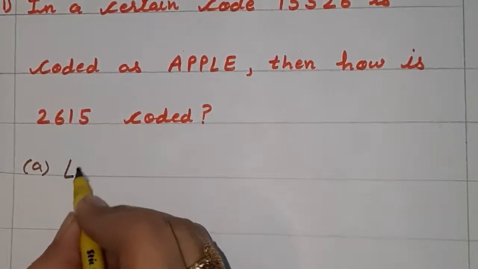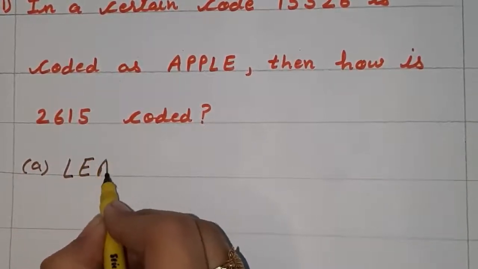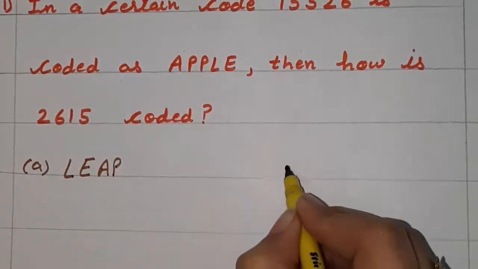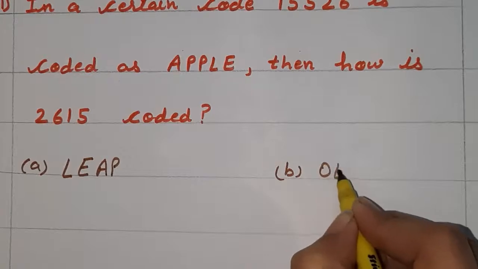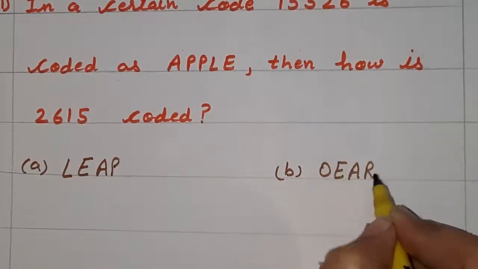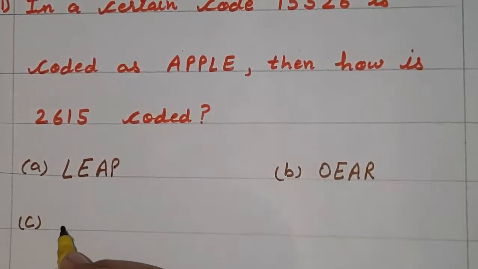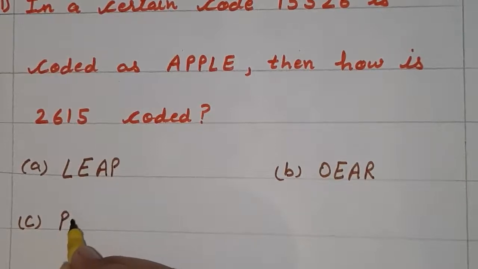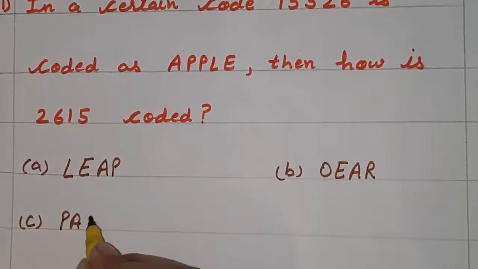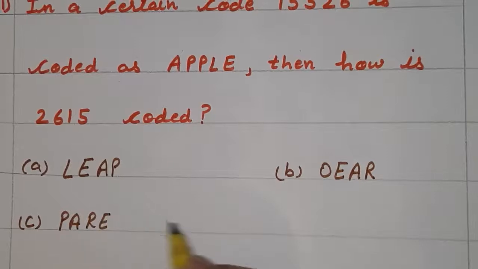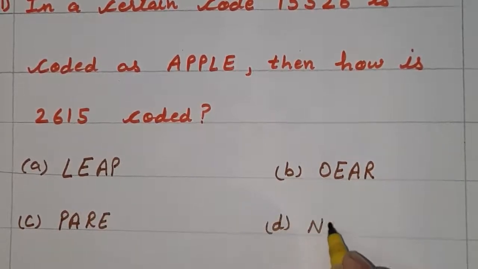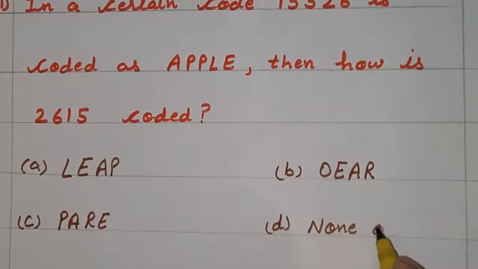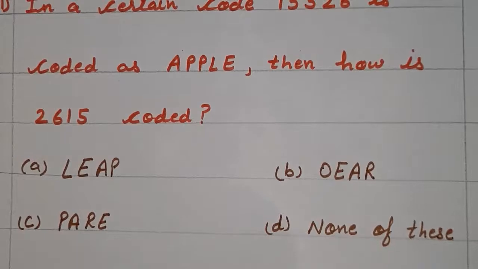First option is LEAP. Second option is OEAR. Third option is PARE. And fourth option is none of these.